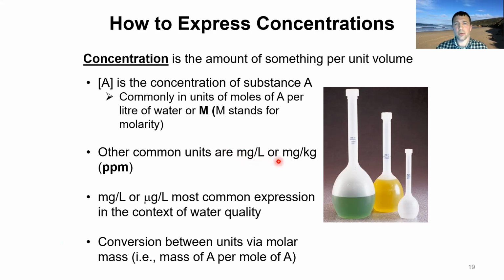Milligrams per liter or milligrams per kilogram is equivalent to parts per million, or ppm. In fact, in most of the water quality world and the environmental engineering world, milligrams per liter are more common than molarity. You can easily convert between these two, though, just using the molar mass of a substance.